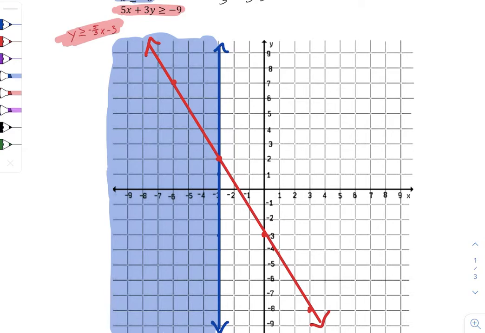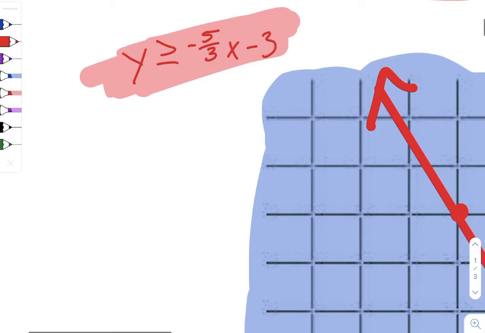All right, so I need to find a point. Typically, I always use 0, 0 as my testing point, but you can only do that as long as that's not on the line, and you can see it's not, so we're good to go. So I'm going to throw in 0, 0 here. So I get 0 is greater than or equal to -5/3 times 0 minus 3.